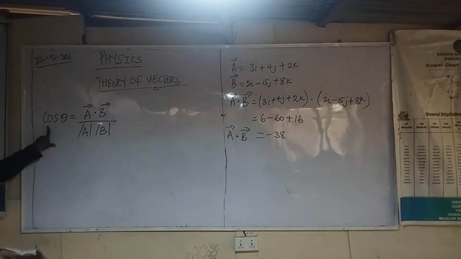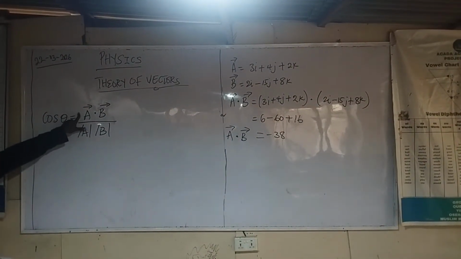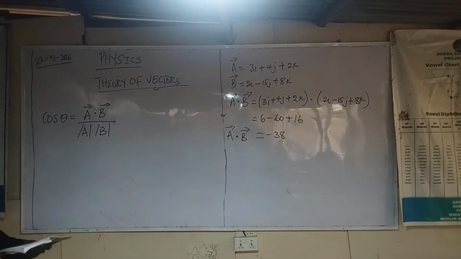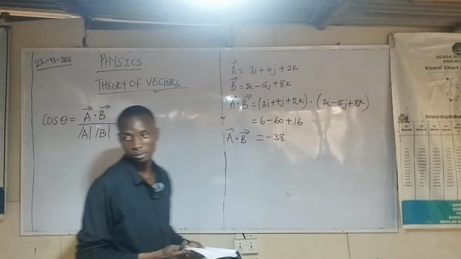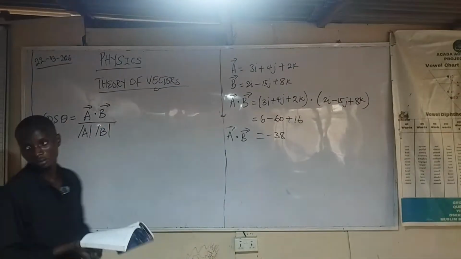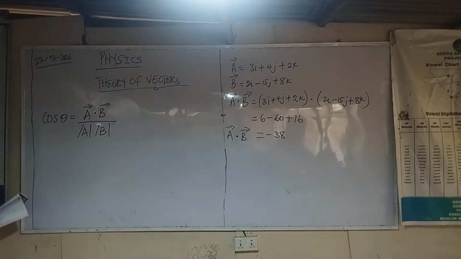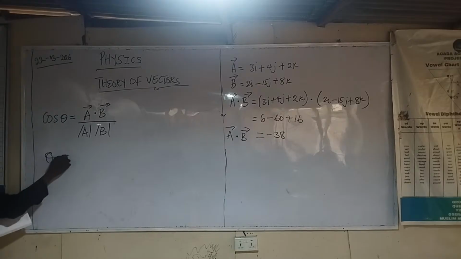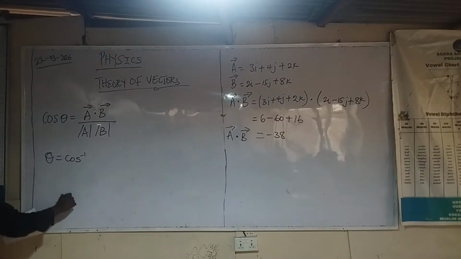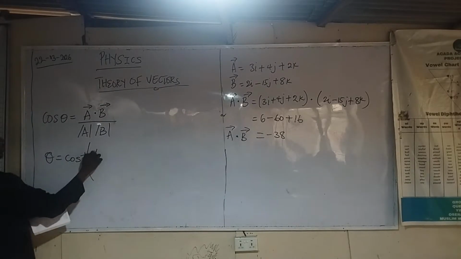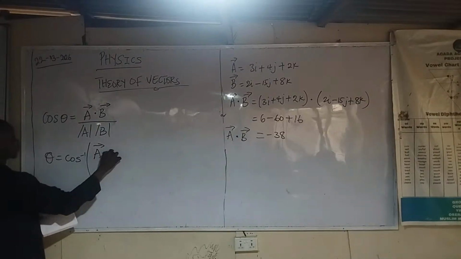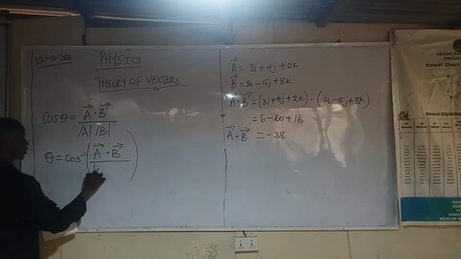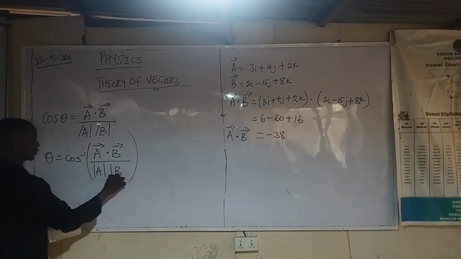Mathematically, cos theta is equal to A dot B over the product of the magnitude of A and B. So now theta can be equal to cos inverse of A dot B all over the magnitude of A times the magnitude of B.